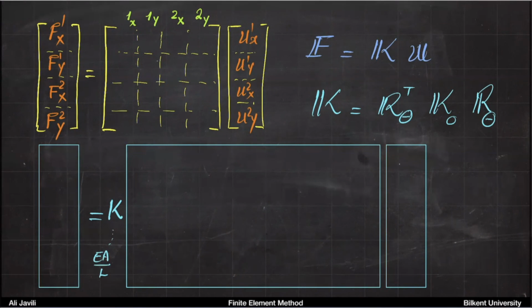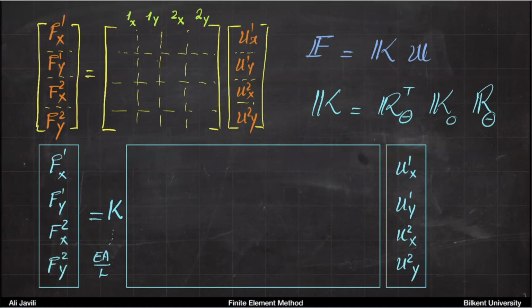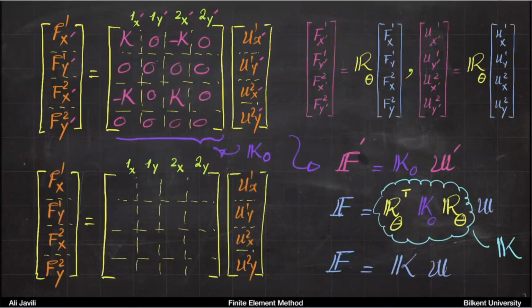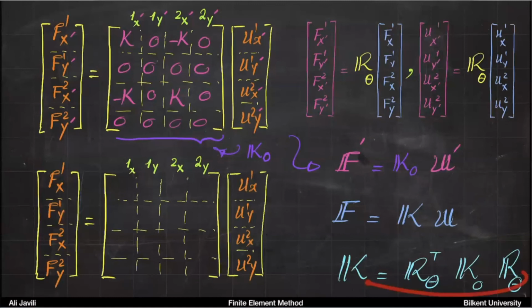And then here you want to have U1X, U1Y, U2X, U2Y. Then you have F1X, F1Y, F2X, F2Y. So if you play that little game that we just had, okay, so you know this is the stiffness, and then you know what is R theta.